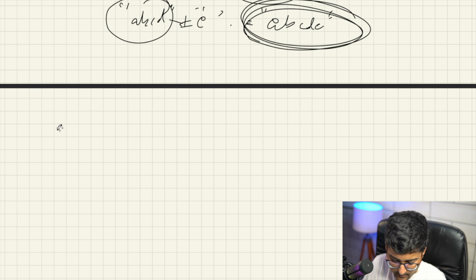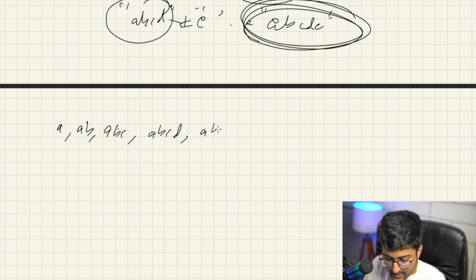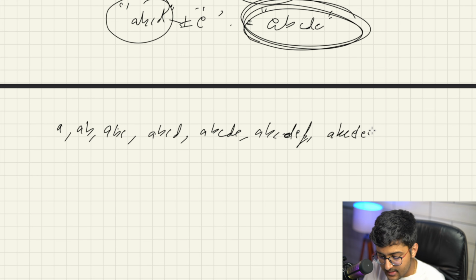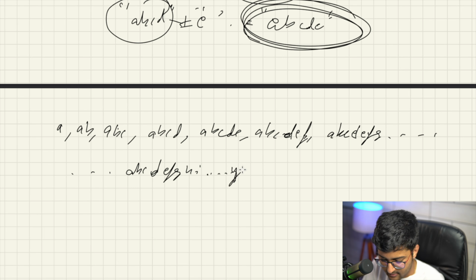So in the end, what will happen is A, AB, ABC, ABCD, ABCDE, ABCDEF, ABCDEFG, till ABCDEFGHIJKLMNOPQRSTUVWXYZ.